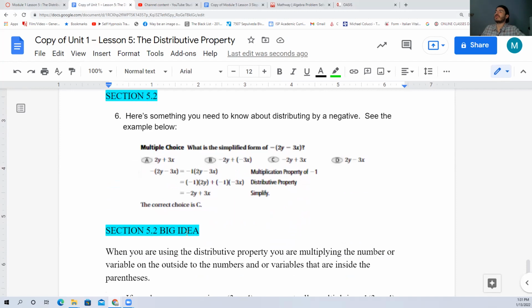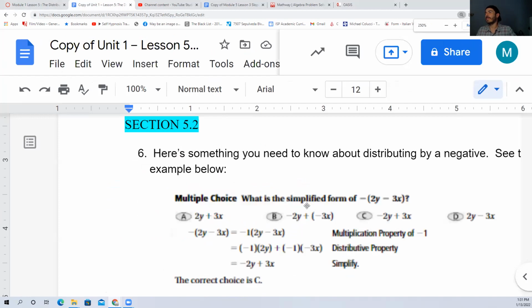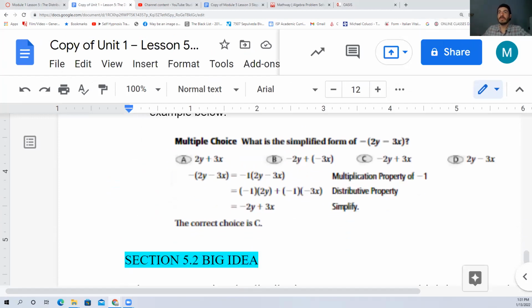Here's something you need to know about distributing by a negative. See the example below. We discussed this briefly. So whenever there's not a number to the left of the parentheses, like here, we assume there to be a 1, because 1 times anything is itself, right? So sometimes I have an easier time if I think about this instead of just a random negative.